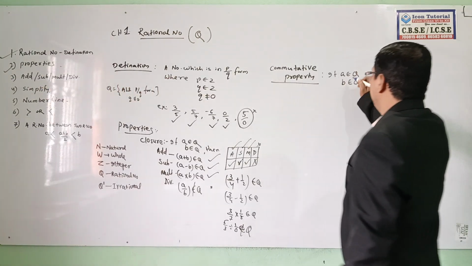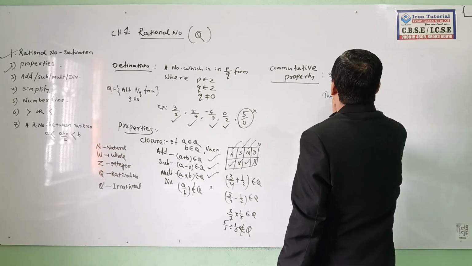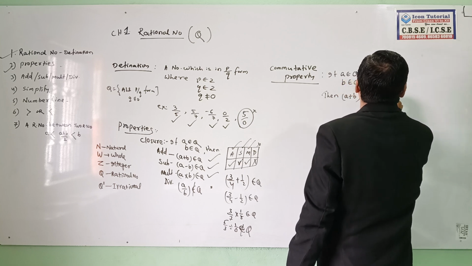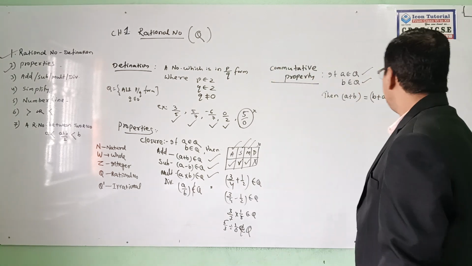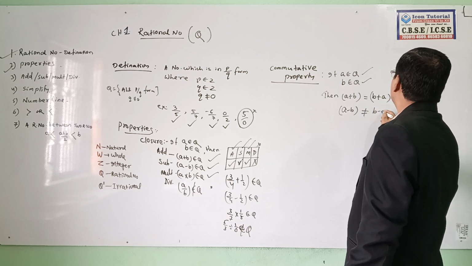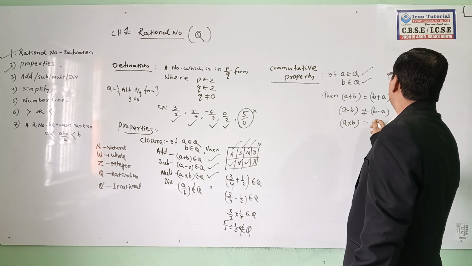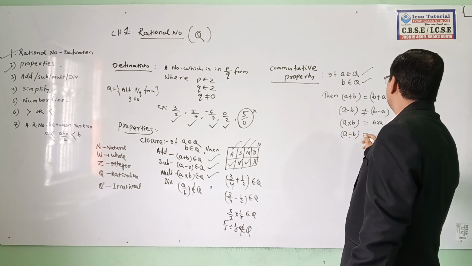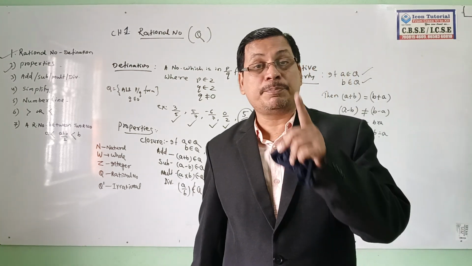Now, A belongs to Q, B belongs to Q. So what? Then A plus B is equal to B plus A. But A minus B is not equal to B minus A. A into B is equal to B into A. A divided by B is not equal to B divided by A. This is the commutative property.